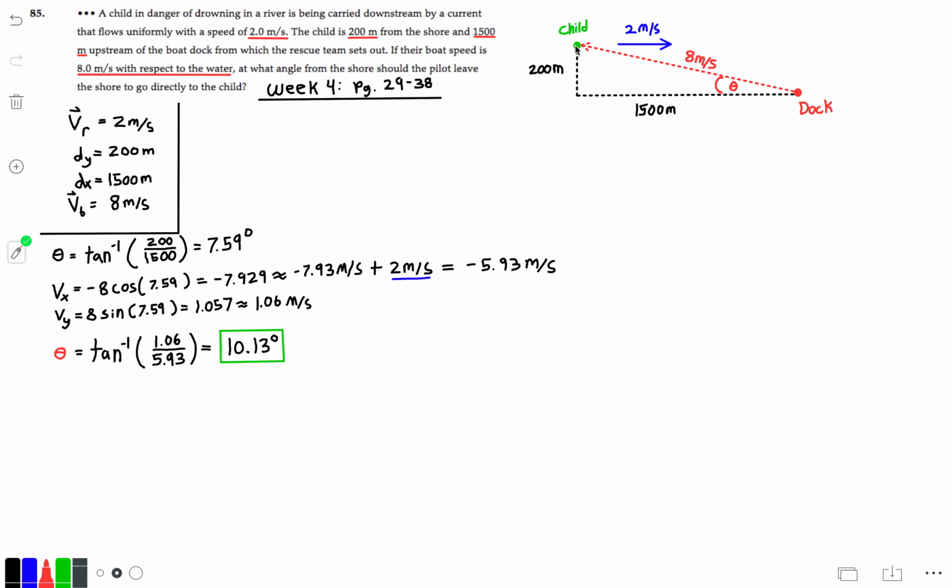The child is going downstream at 2 meters per second. We're tasked with finding the angle right here, theta, at which the boat will be able to intercept the child and prevent any further damage. So let's get into it.